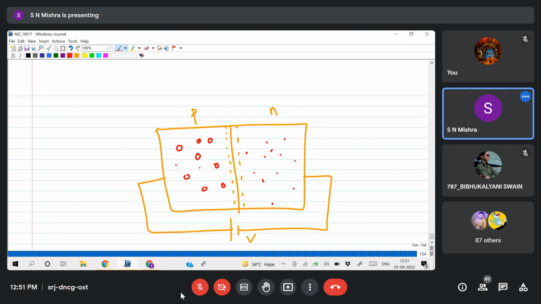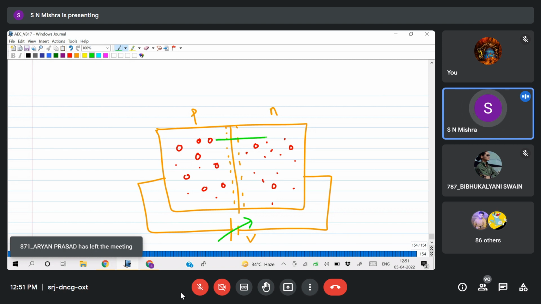Similarly, electrons in the P side are minority carriers, and here holes are minority carriers. What have we studied? When we increase the forward bias after this depletion region erases, at the threshold voltage, holes will move from here to here and electrons will move from here to here. Yes or no?